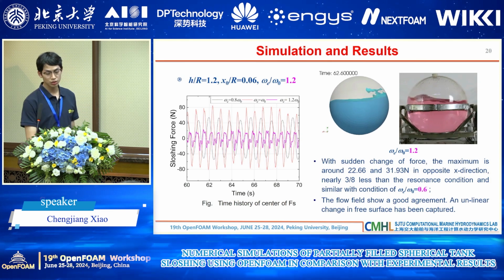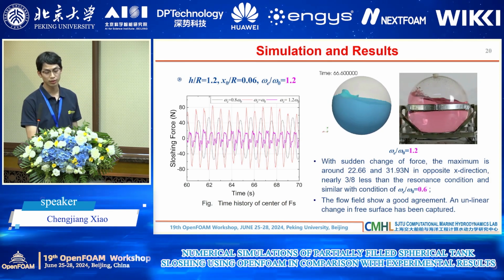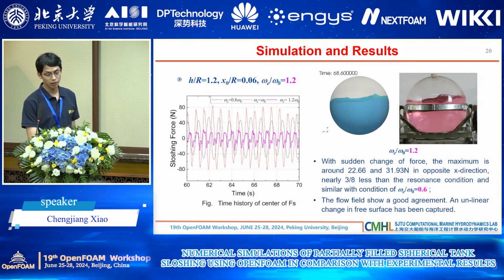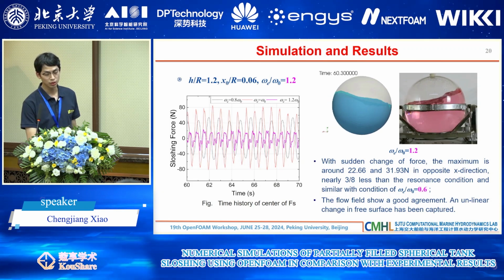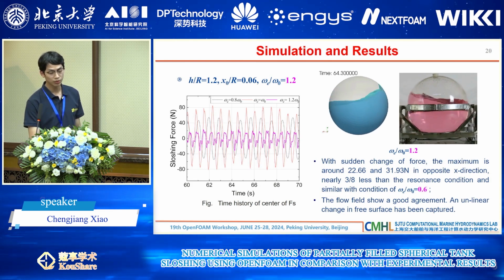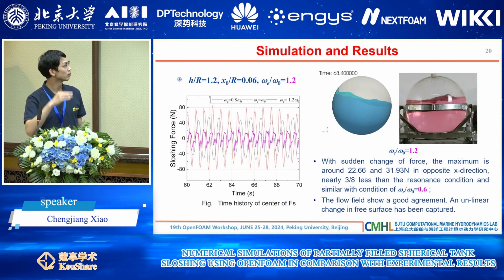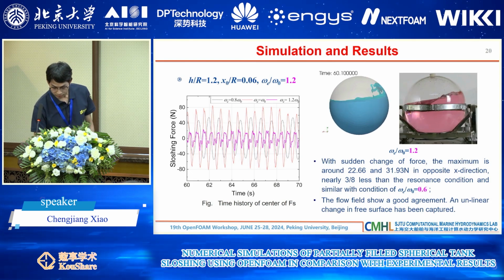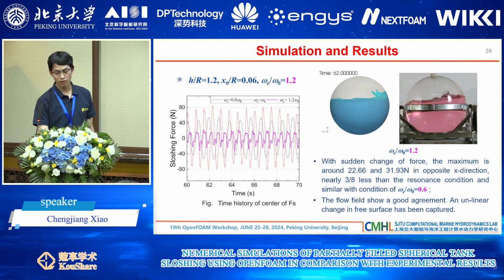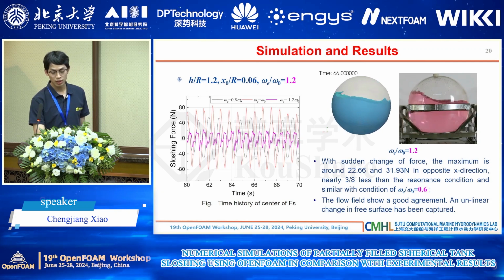As we continue to increase the excitation frequency to 1.2 times the natural frequency, the flow field, in agreement with the two results, also shows high-order free surface changes, like an S-shaped wave on the surface and some jet wave. It is found that the sloshing force extreme value largely decreases, with a sudden change of force.